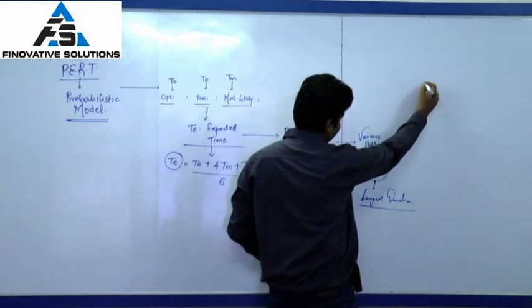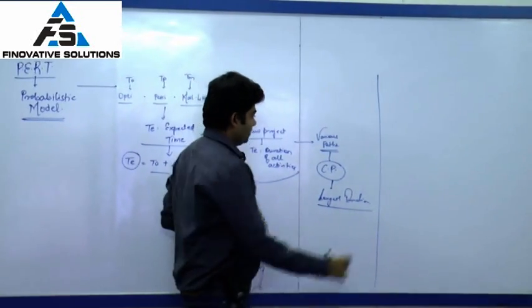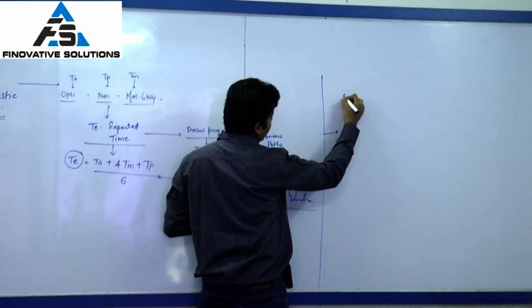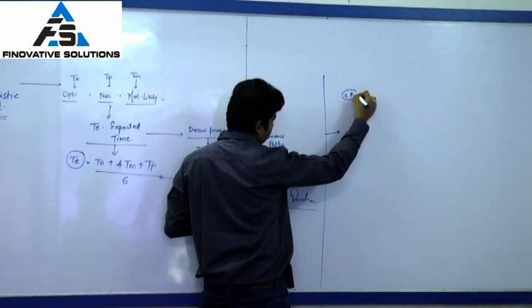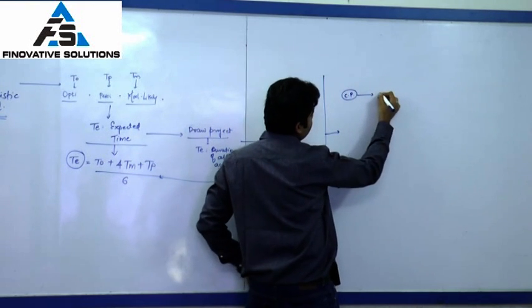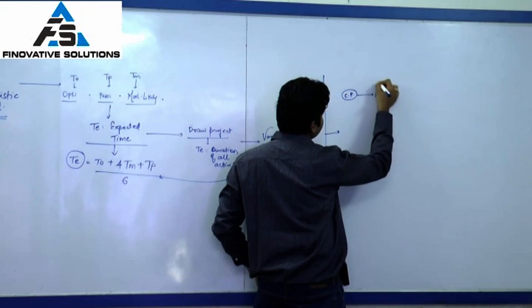Moving on. Once we are through with that, we will come to know what is my critical path. For the critical path, I know the chances that it will be completed at this point in time is 50%.